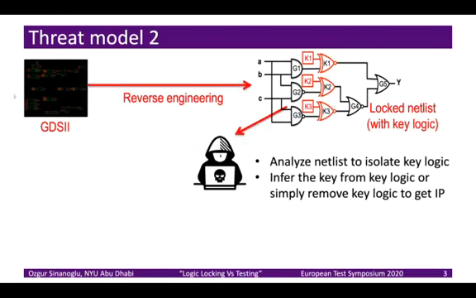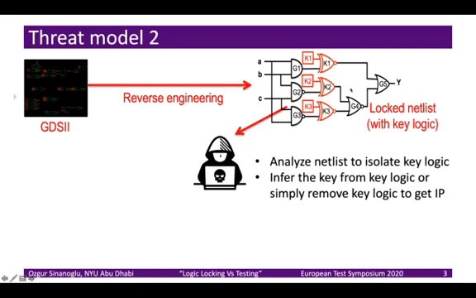In a second threat model, what's available to the attacker is assumed to be a reverse engineered netlist, which is the locked netlist. So we see in this picture over here, we have this locked netlist that has 3 key gates driven by 3 key bits. So this is what's available to the attacker. And the attacker doesn't have a working chip in this threat model.